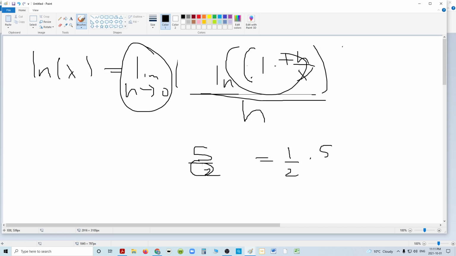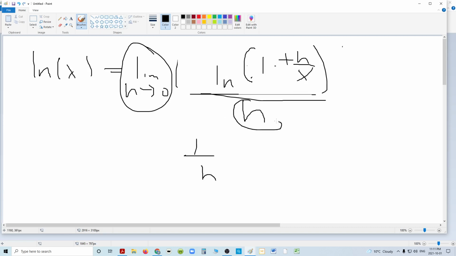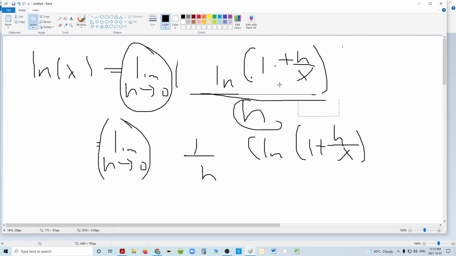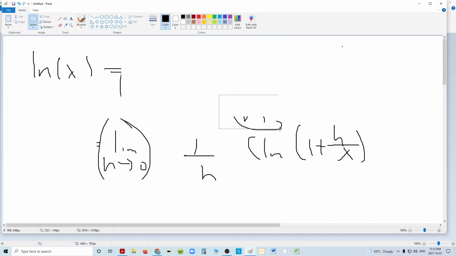You're just taking this part out, putting it in front as a multiplier. Well, I'm going to do that with this h. I'm going to rewrite this whole thing as 1 over h as a multiplier. So I'm going to take this part in front, and I'm going to just multiply the ln of 1 plus h over x. It's the exact same thing. And don't forget, it's all to the limit as h approaches 0. So that means I have this now.